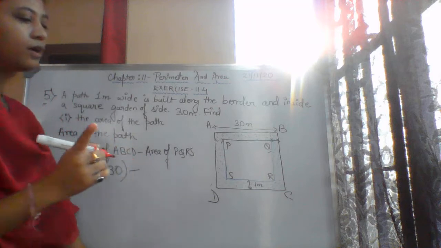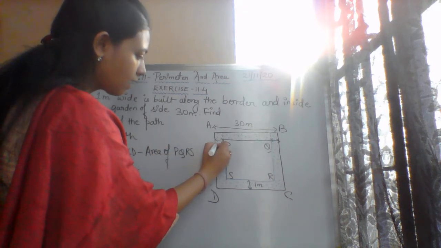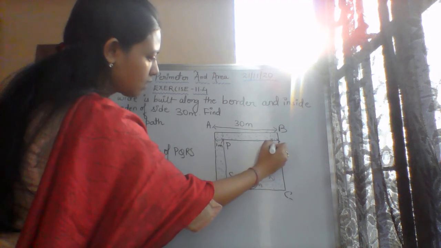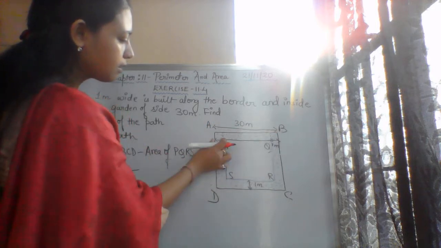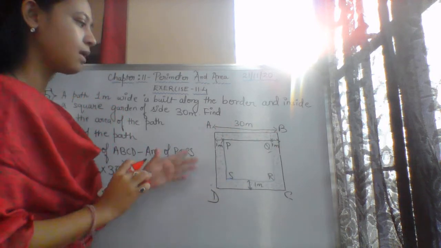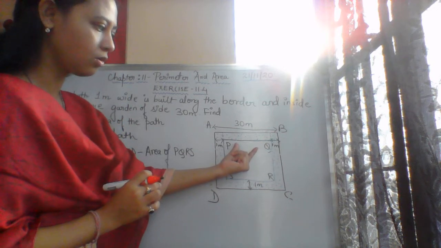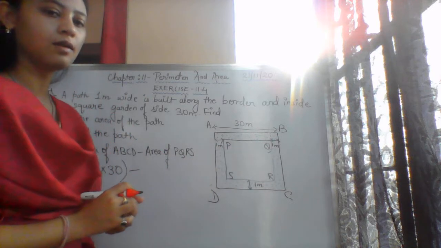We know the width of the path is 1 meter, so both of these are 1 meter. Total is 30 meter, and I have to subtract these two from that total 30, so I will get that PQ part. So 30 minus 1 minus 1.